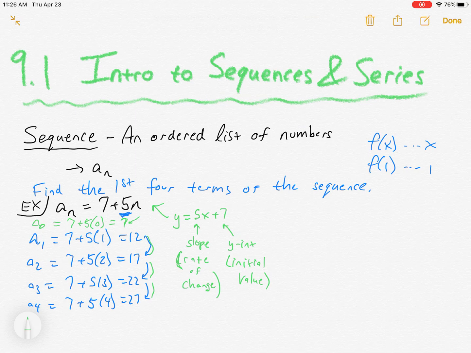And the question becomes a lot of the time, what do you mean by initial? Is this the initial? Would you call this the first term in this sequence? If so, that's kind of an odd precedent to set, because then this would be the second term, this would be the third, this would be the fourth. Why is that odd? Because A1 is the second term, A2 is the third.